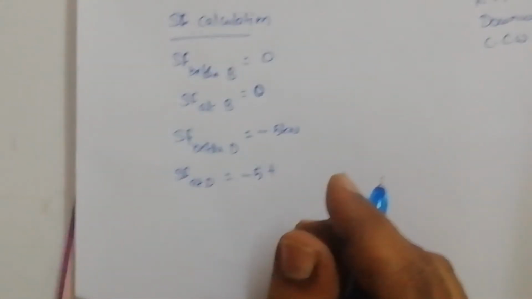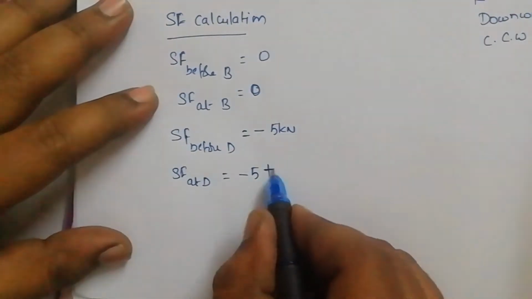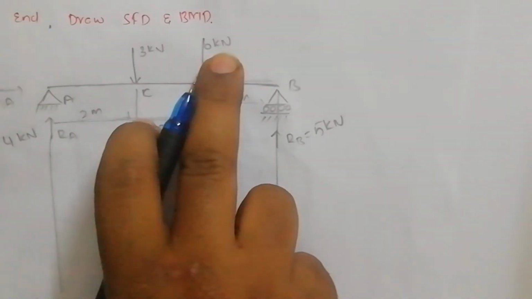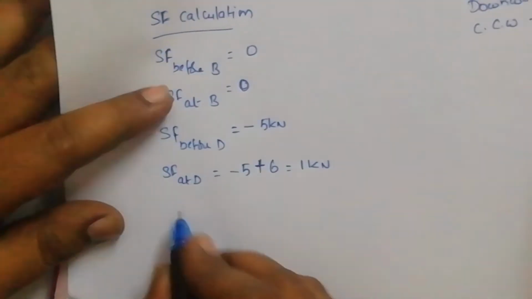Next, shear force at point D: before loads also you have to consider. At point D you are having a point load which is 6. So minus 5 plus 6, the answer you will get as 1 kilonewton.